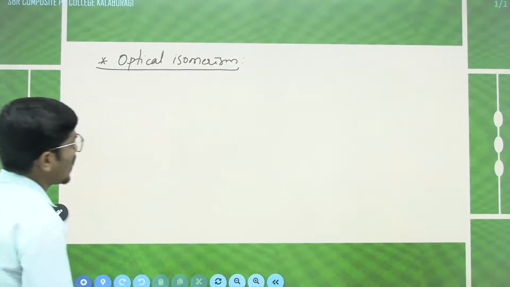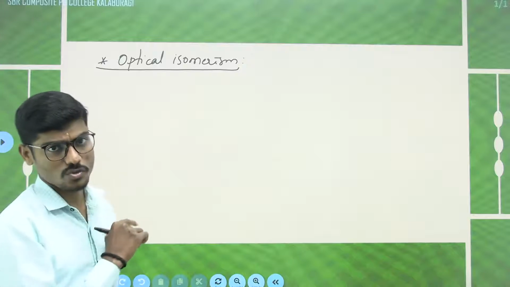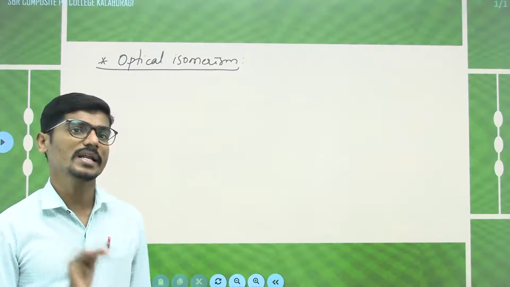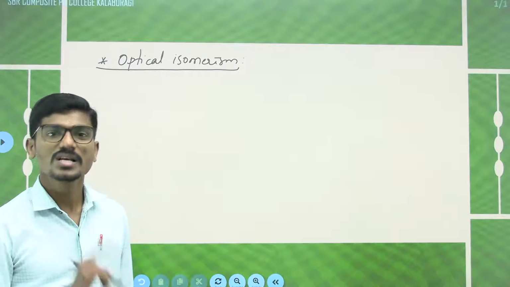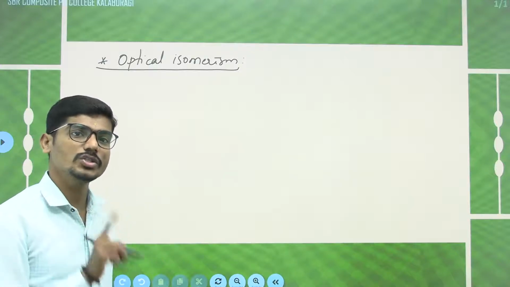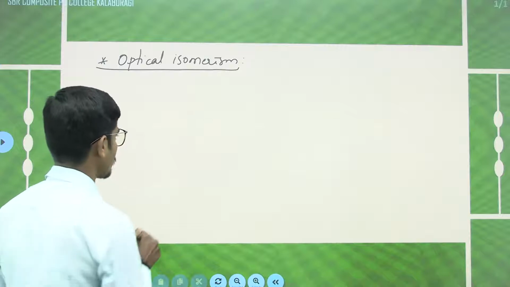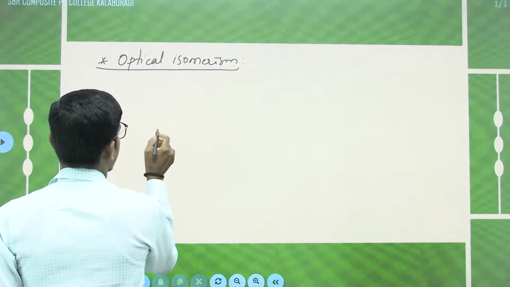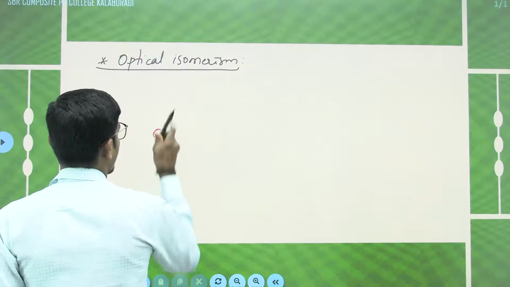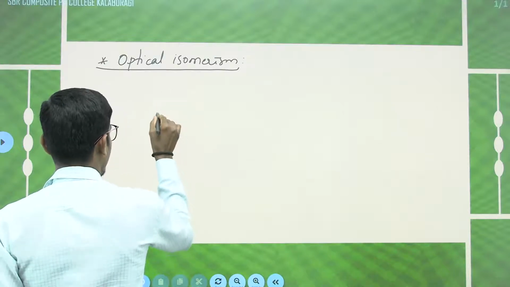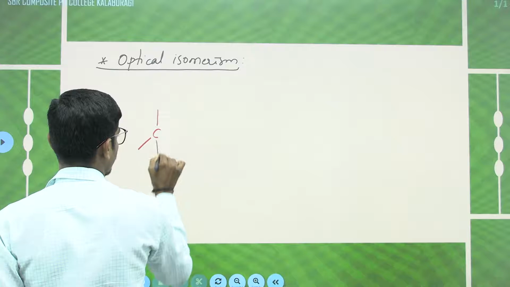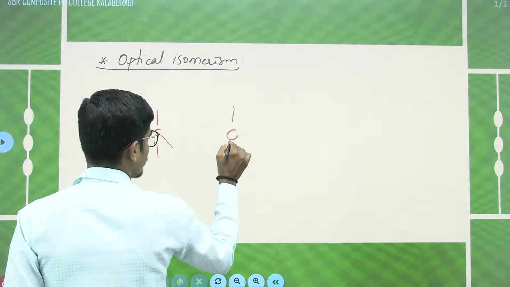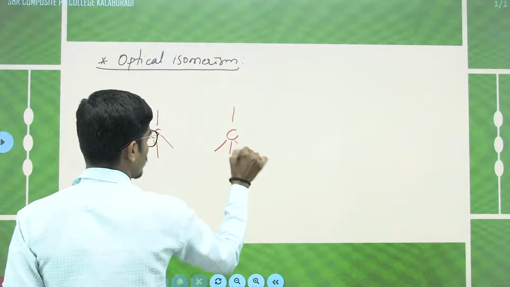In order to exhibit optical isomerism, the compound must contain a chiral carbon atom, that means a carbon attached to four different groups. Let us consider this first one, a carbon atom which has four different groups.